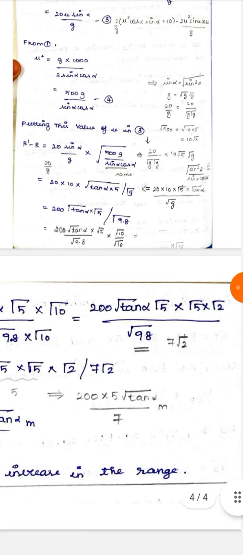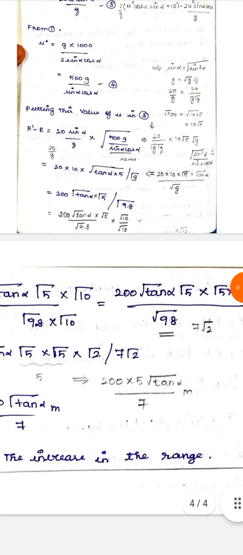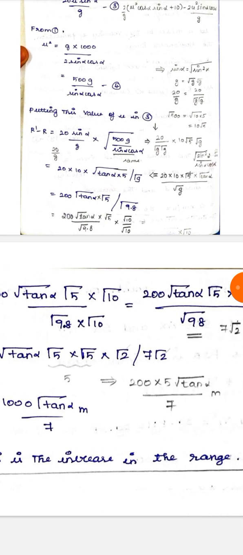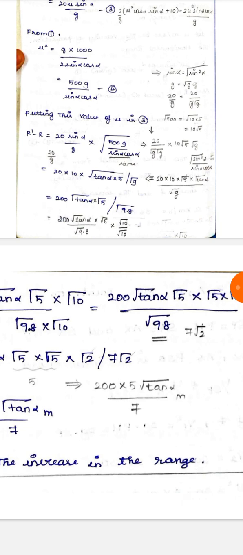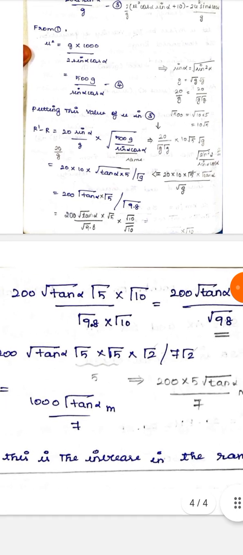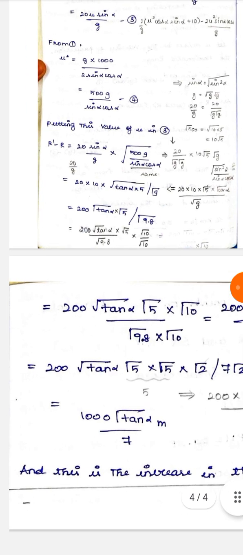Root 5 into root 5 becomes 5, and 5 into 200 is 1000. Then root tan alpha into root 2 by root of 98. The square root of 98 is 7 root 2, so root 2 cancels. The remaining is 1000 into root tan alpha by 7 meters. This is the increased range value. Thank you.